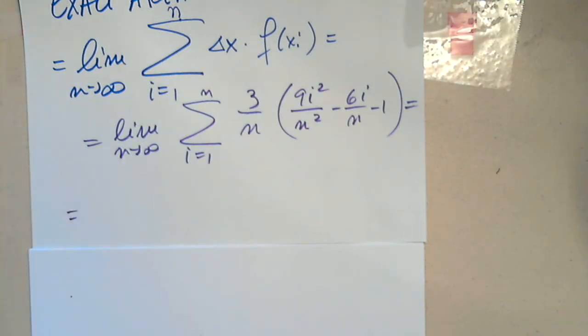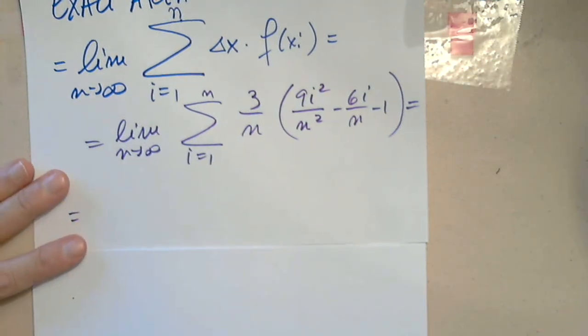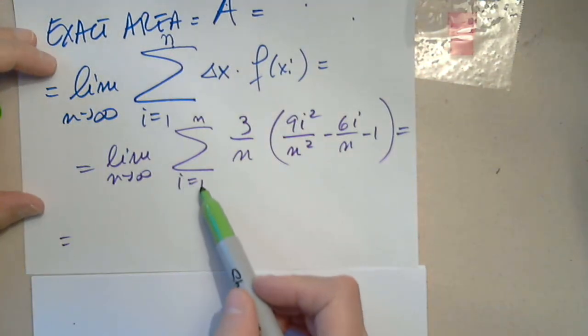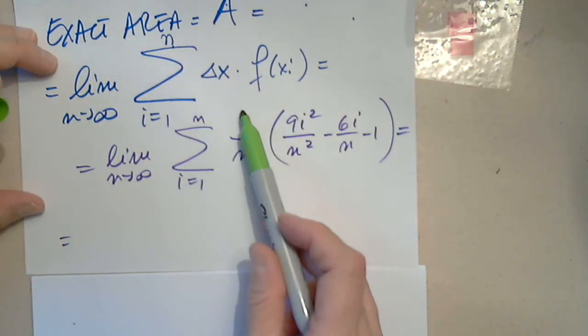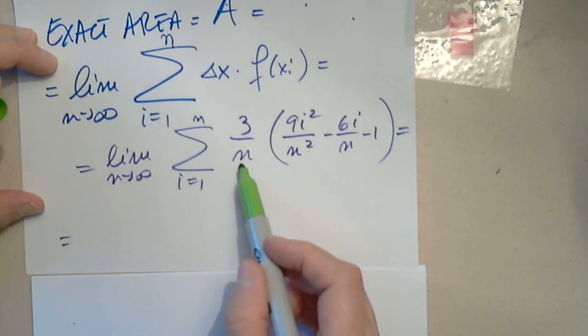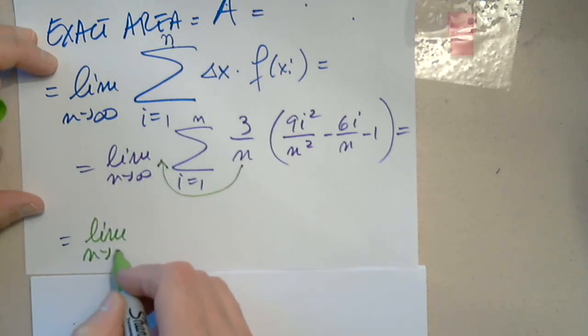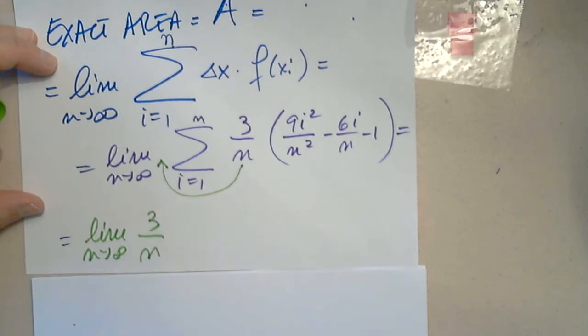And now I'm going to apply a few properties of the summation notation. The sum from i equals 1 through n. This does not depend on i. This is a constant. So limit as n approaches infinity from 3 over n.